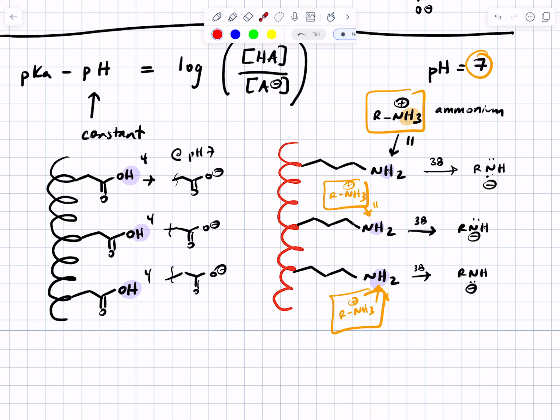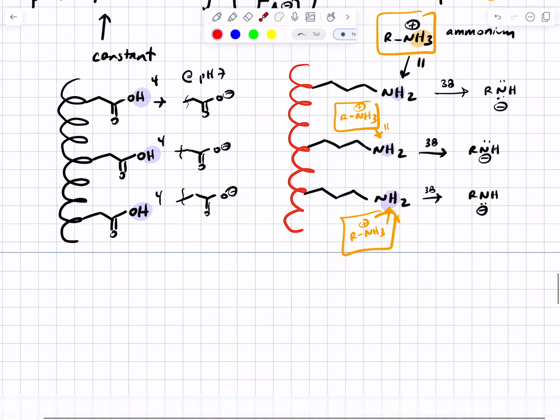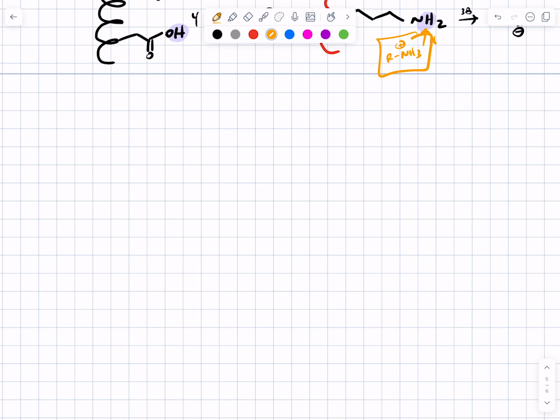So when you learn later on about amino acid side chains, you're going to need to be able to do what we've just talked about here, where you use the pH and then the pKa of a side chain to determine whether the side chain should be protonated or not. One more example.